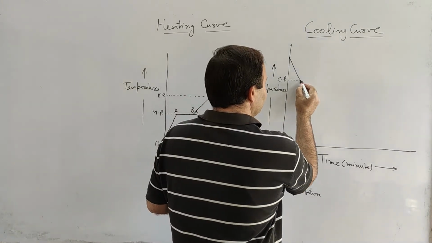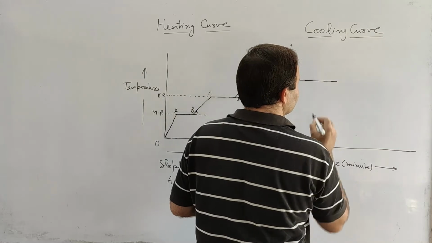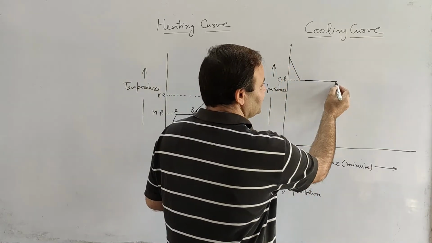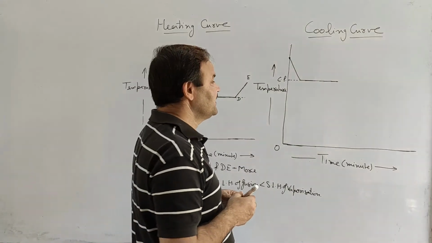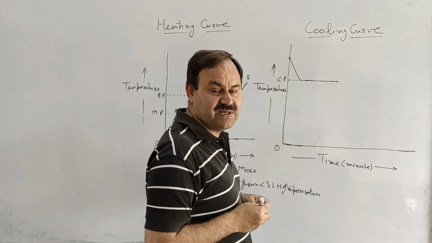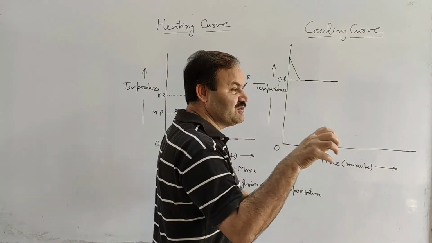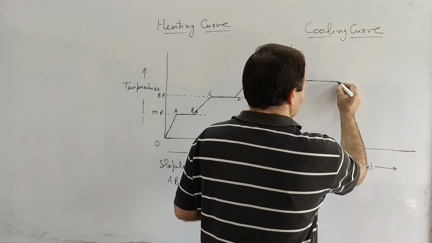Now, until the entire vapors change into their liquid state, the temperature will remain constant, and when the whole of the vapors change into their liquid state, then on further withdrawing heat, the temperature of the liquid will fall.